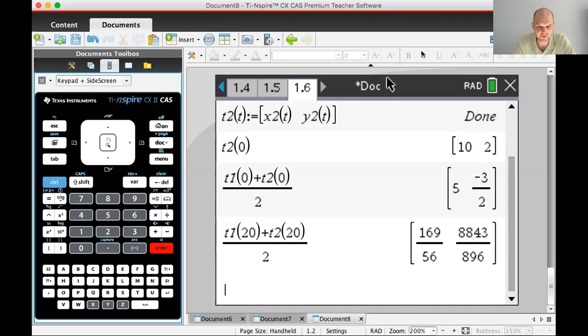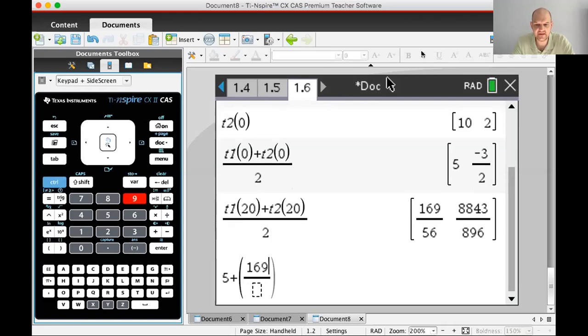Because the initial point is 5. So I'm going to write it here, 5 plus, and then the change in x is what? 169 over 56 minus 5 times t, right?